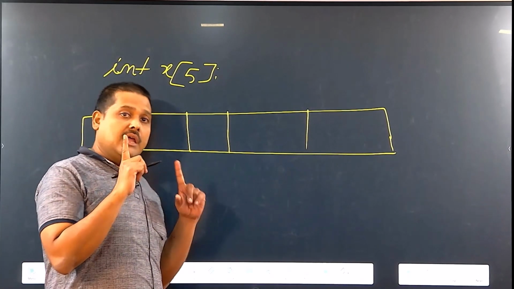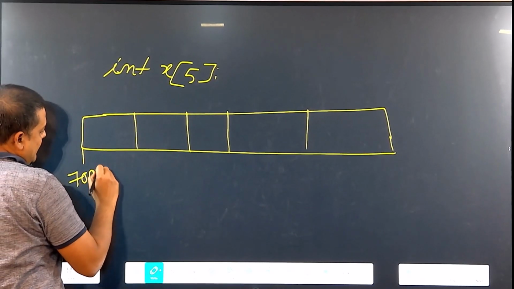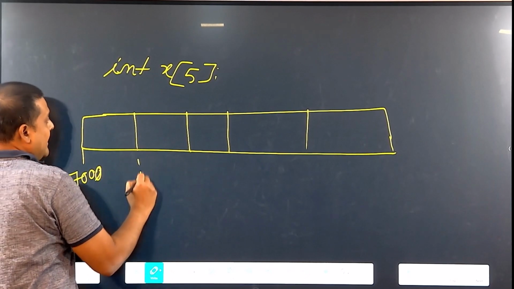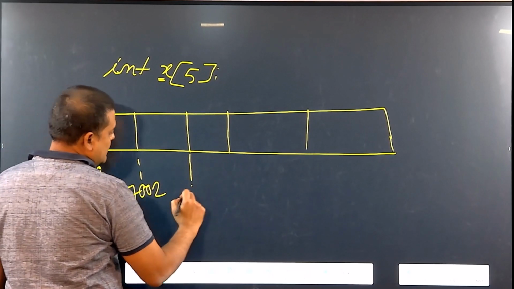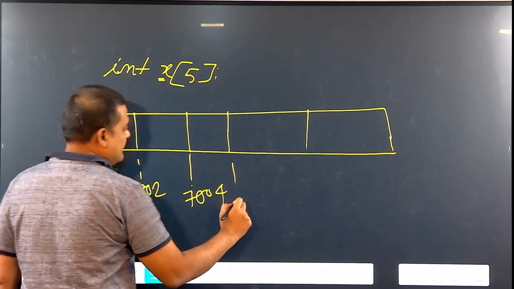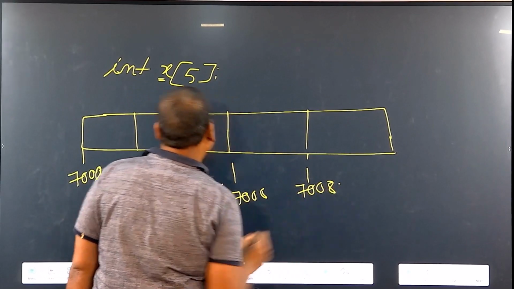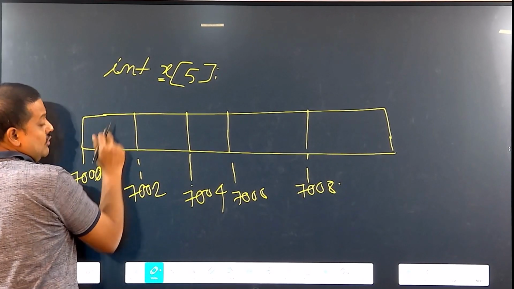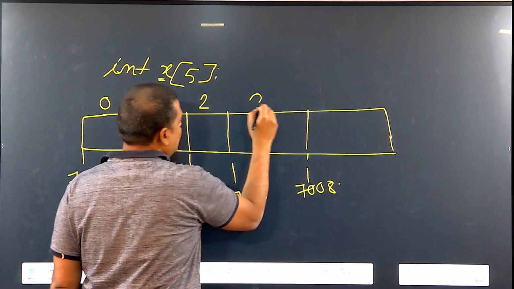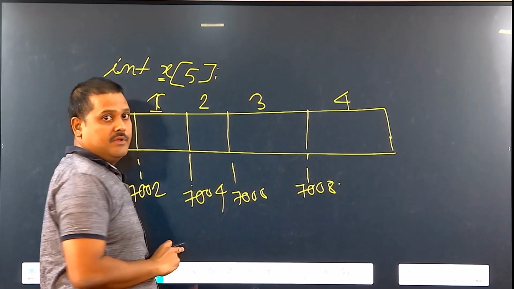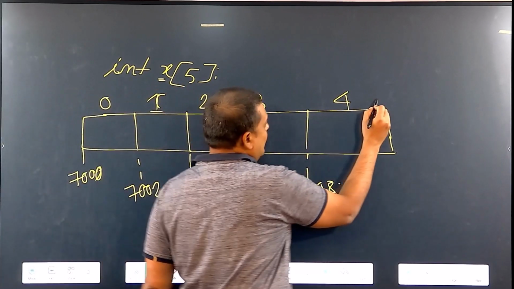Contiguous means कि मान लो ये अगर मेमोरी है, ये वैल्यू अगर एलोकेट होता है 7000 लोकेशन में, तो नेक्स्ट जो वैल्यू है इंटीजर कितना बाइट का है? 2 बाइट का है, तो ये जगह होगा 7002, 7004, 7006, 7008। Okay, and these locations are indexed by 0, 1, 2, 3, 4। ये जगह का इंडेक्स है। इंडेक्स क्या रिप्रेजेंट करेगा? What is the position? Position is represented by index. These are called index.